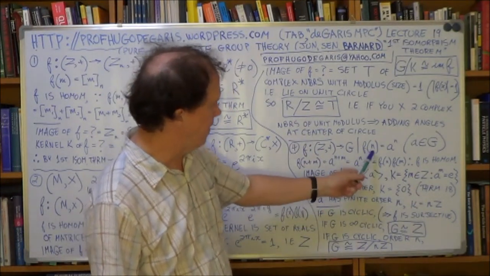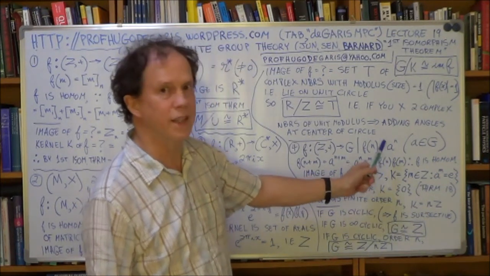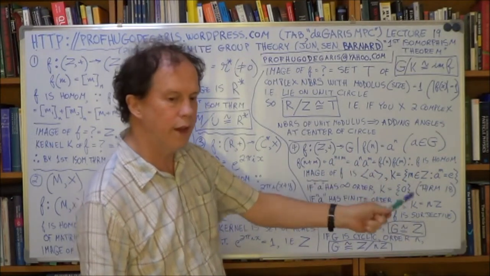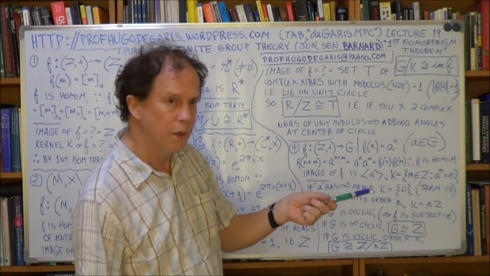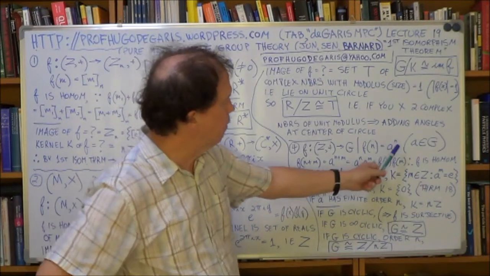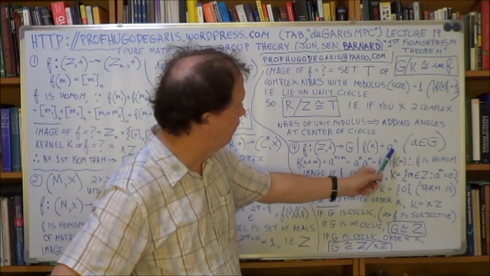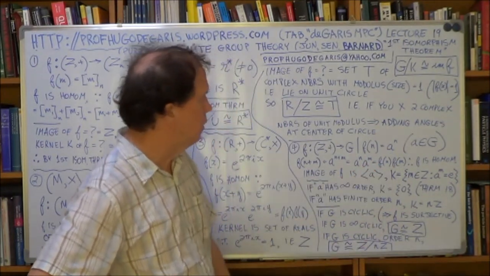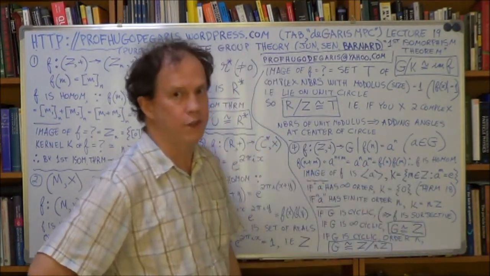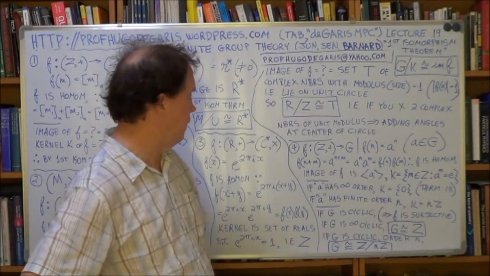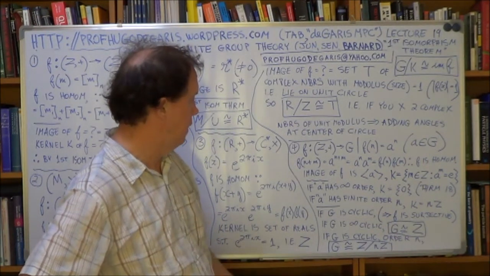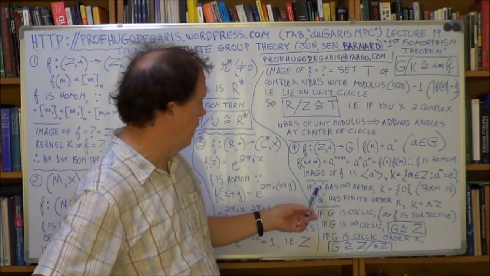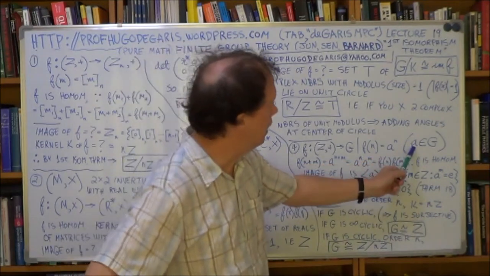Now look, this a here is an element of a group G. Elements have orders. The maximum order this element a can have will depend on the nature of G, and it depends on little a as well.